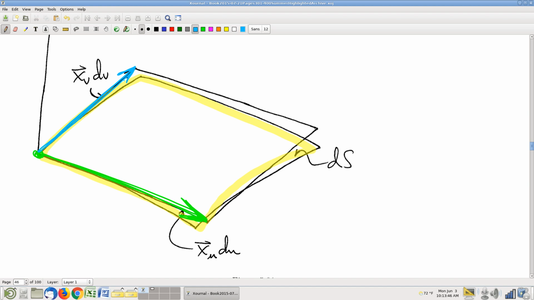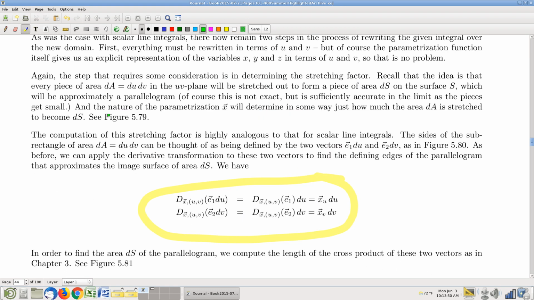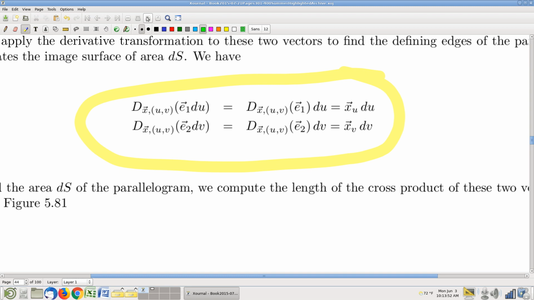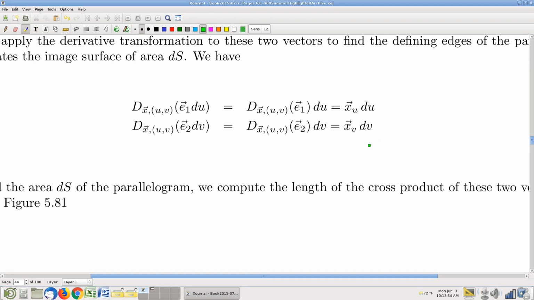It's the derivative transformation applied to those input vectors. Actually, let me go back to where I have this calculation written out. Here are the input vectors, E1 du and E2 dv. Apply the derivative transformation, and there are your output vectors. Notice that in these calculations the same little algebraic dance happens.